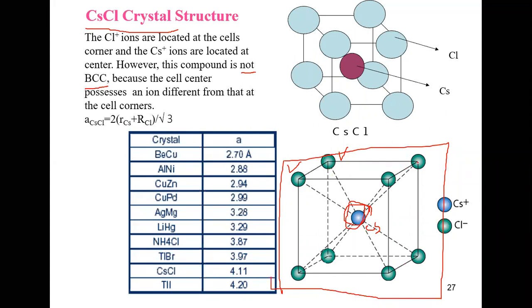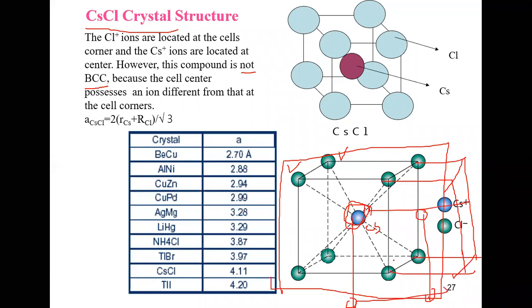Now, if we draw the neighboring unit cells, and draw another unit cell keeping cesium at the corner, then the body-center atom will be chlorine. So both sublattices form a simple cubic crystal structure in this case.